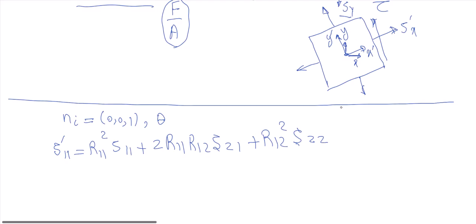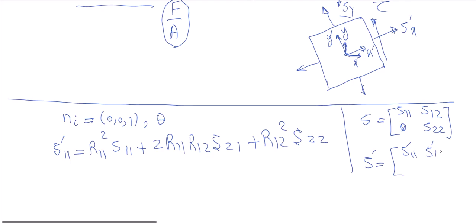So on the side, let's say that S is a matrix of symmetry, S11, S12, S22. And I want S prime, which is S prime 1, 1, S prime 1, 2, S prime 2, 2.